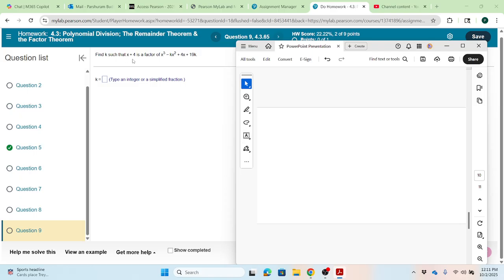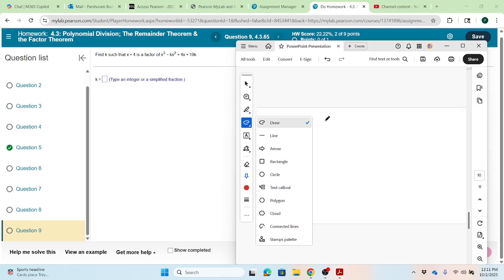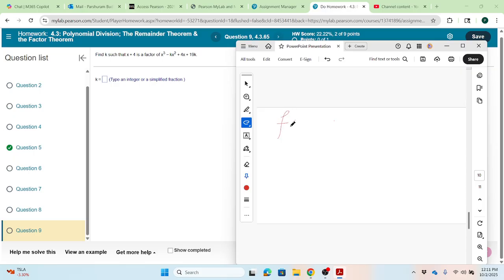Okay, x plus 4 is the factor of this, so that means the remainder is 0. Remainder 0 means, let's say f of x is x cube minus k times x square plus 4x plus 19k.